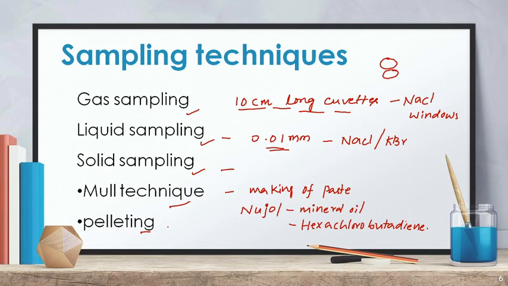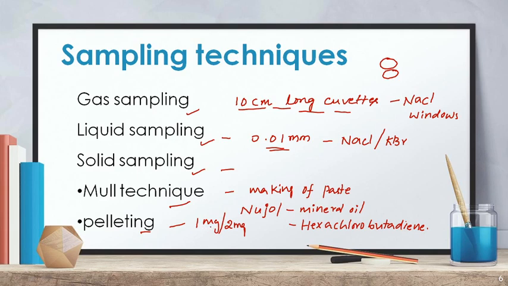Right. Next technique is the pelleting technique. In this technique, we have to take the sample in small proportion, that is 1 milligram or 2 milligrams. For the investigation of the compound, first of all we have to make the pellet. The pellet is made by the pelleting technique.